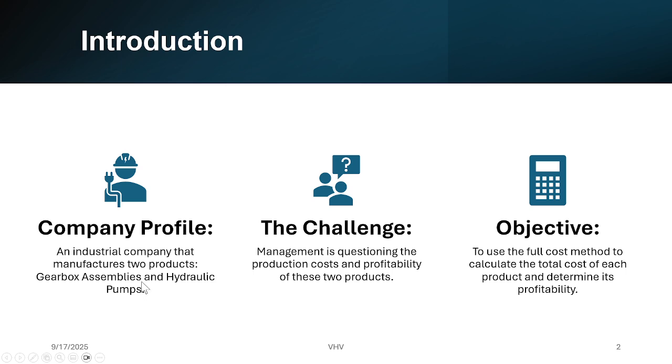The management is questioning the production cost and profitability of these two products. So our objective is to use the full cost method to calculate the total cost of each product and determine its profitability.